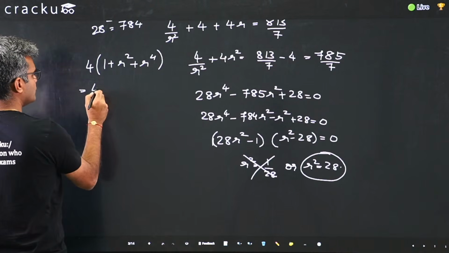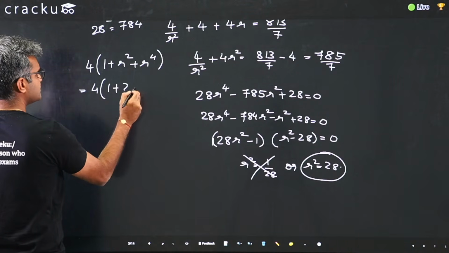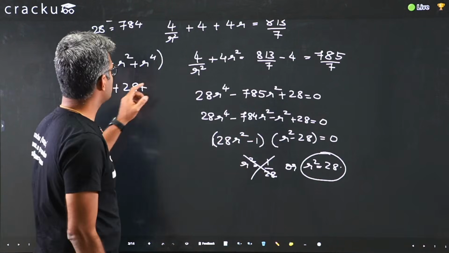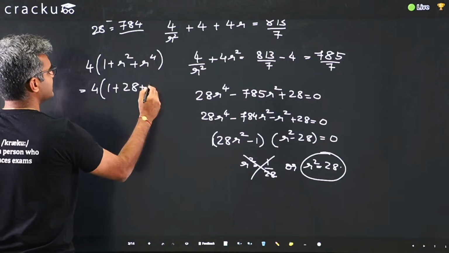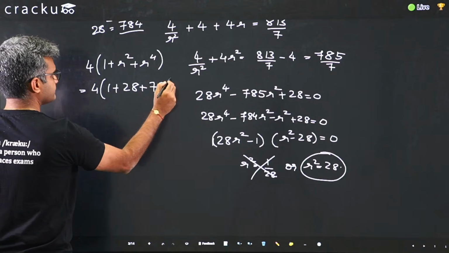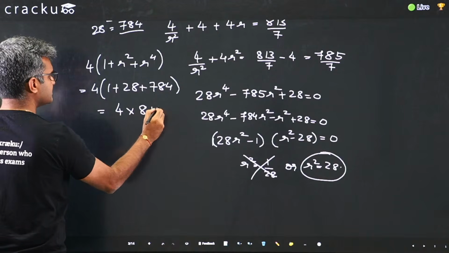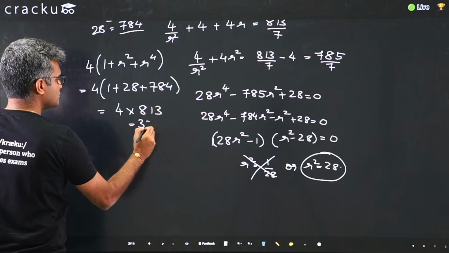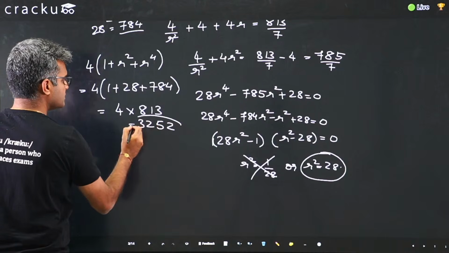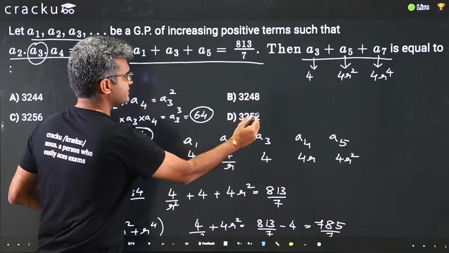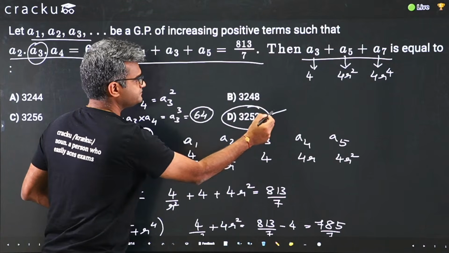This is 4 into (1 plus 28 plus, if R square is 28, R to the power 4 will be 784). This is equal to 4 into 813, which is 3252. This is the answer. So if you are looking at the correct answer, it will be option D.